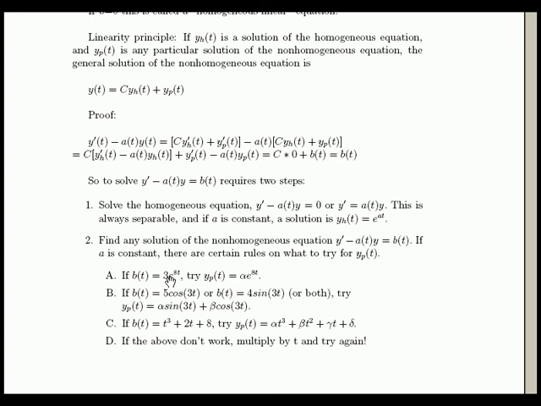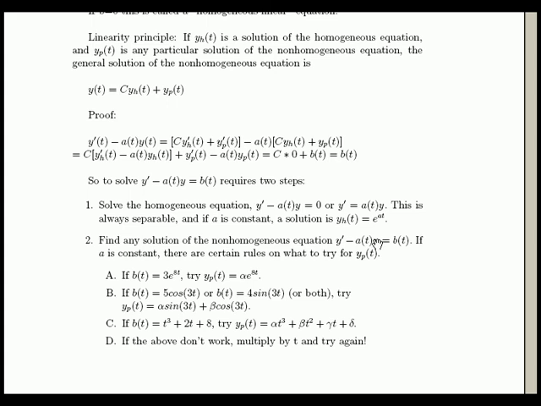But anyway, if the right hand side is e to the something t times anything, then you try alpha e to the that something t. If it's something times e to the 8t, you try alpha e to the 8t. And that seems like a reasonable thing to try, because y prime will just still be a multiple of e to the 8t.